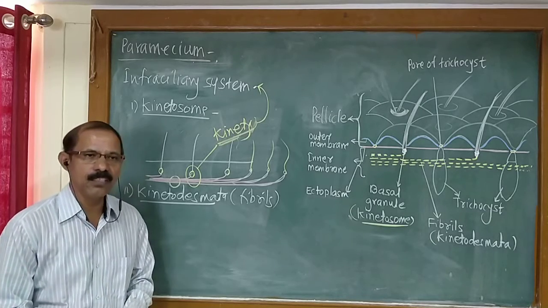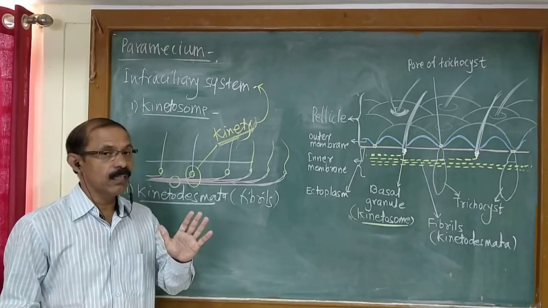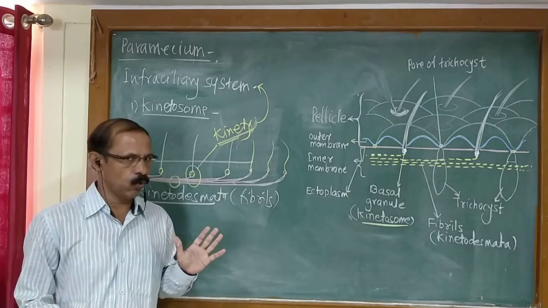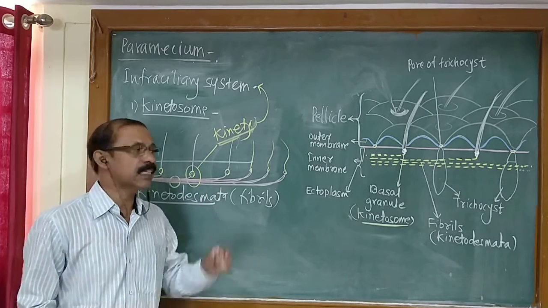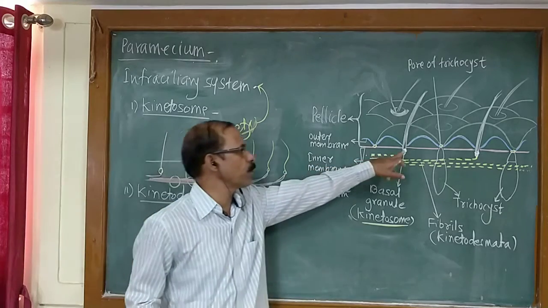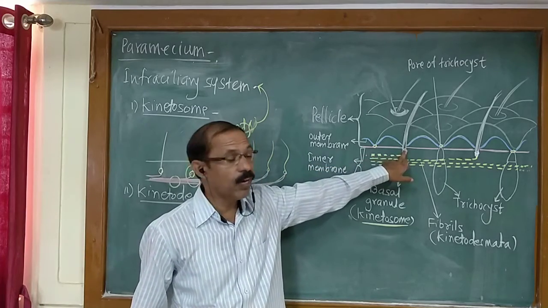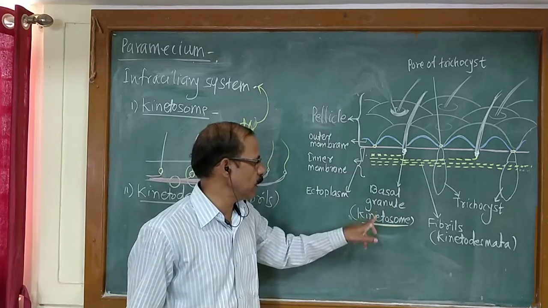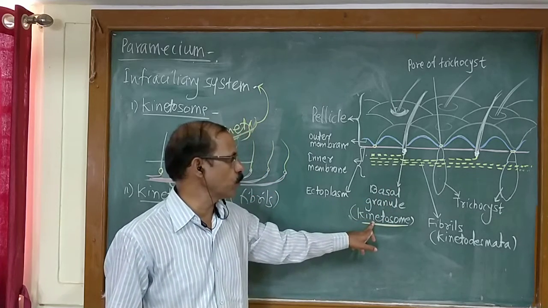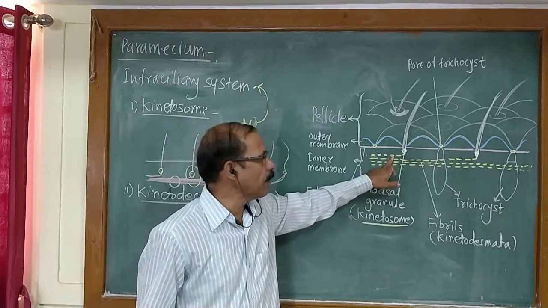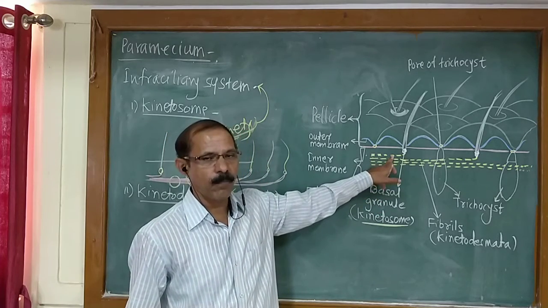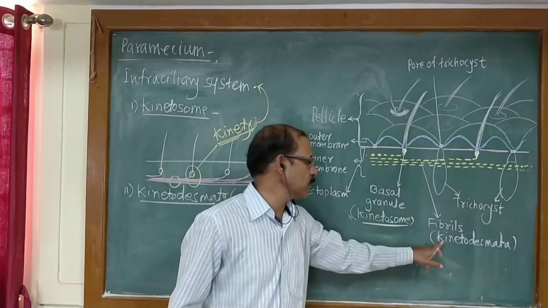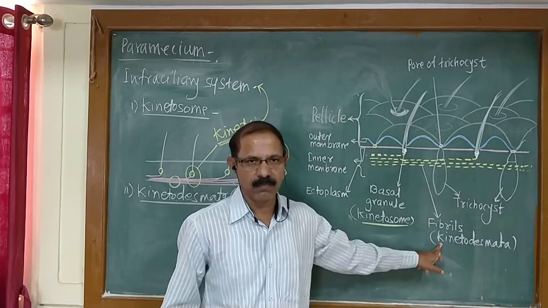So the infraciliary system is located below the pellicle in the ectoplasm. What does it contain? It contains the basal bodies of cilia, called kinetosome. And the fibrils arising from each basal body of cilia are called kinetodesmata.